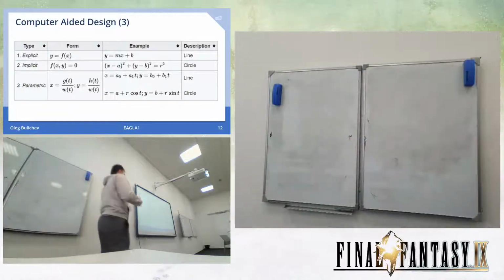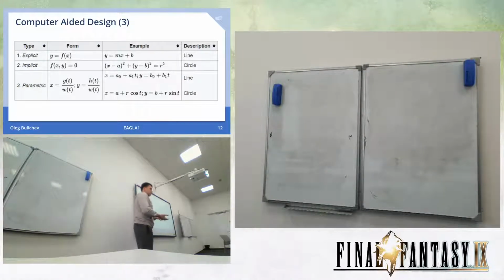How can we represent our equation? In the explicit form, it's y with respect to x explicitly, our slope-intercept formula. Then the implicit form. In the implicit form, the problem is that we cannot represent it like this. We can, but it won't be, let's say, intuitive.